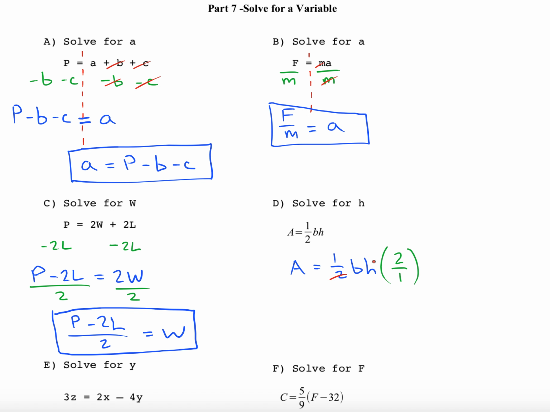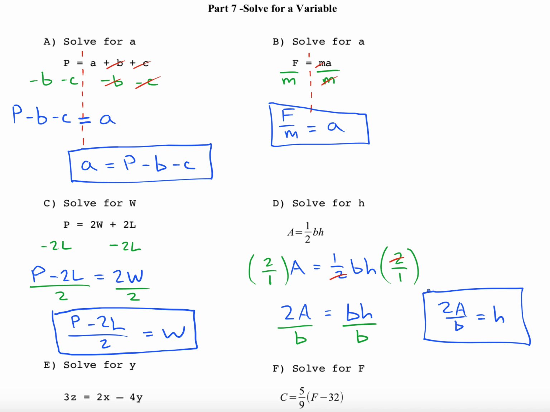This will cause the 2's here to cancel, but we have to do it equally on both sides. That'll leave us with a 2a on the left and a bh on the right. To get h alone, we'll divide by b. And we'll have 2a over b equals h as our final answer.